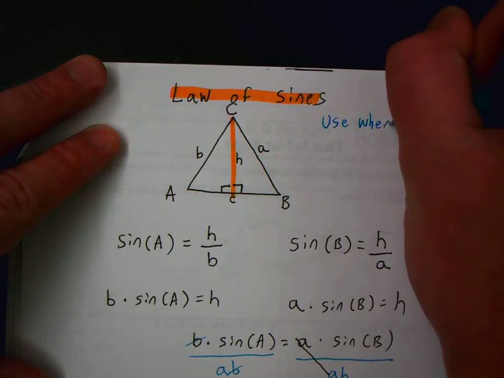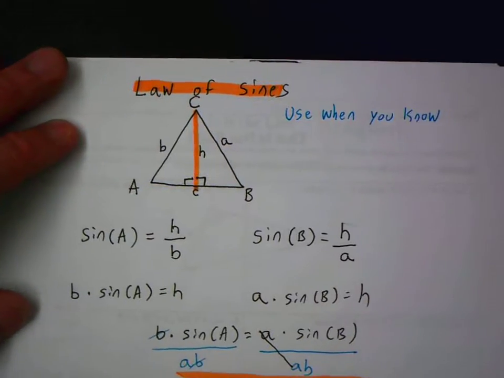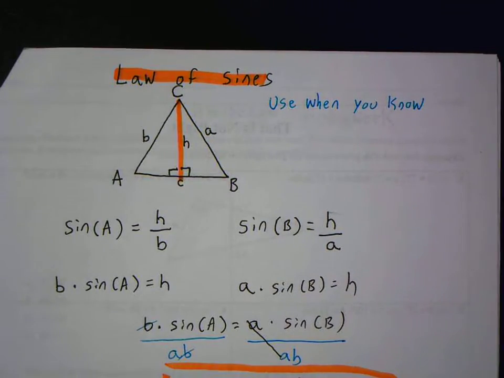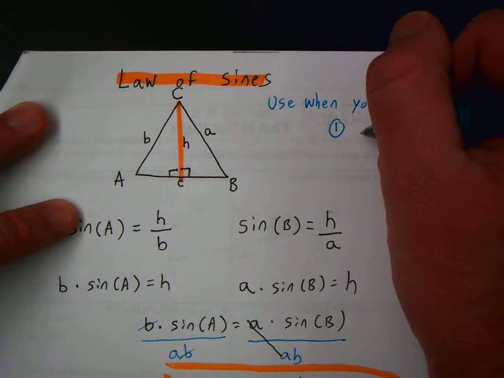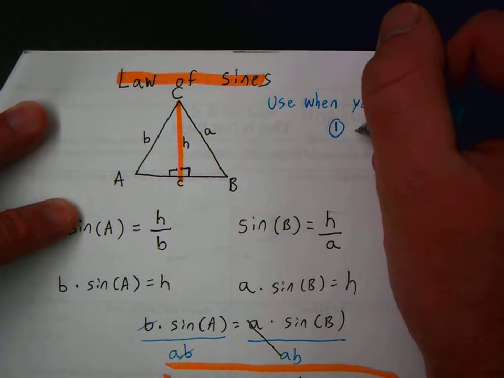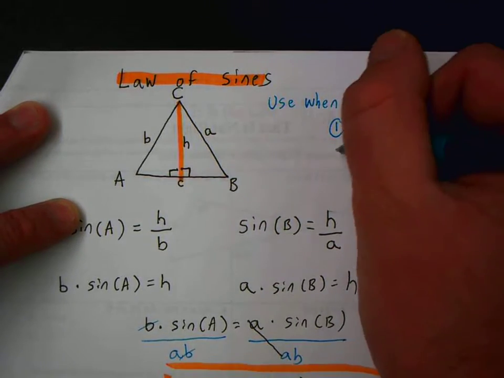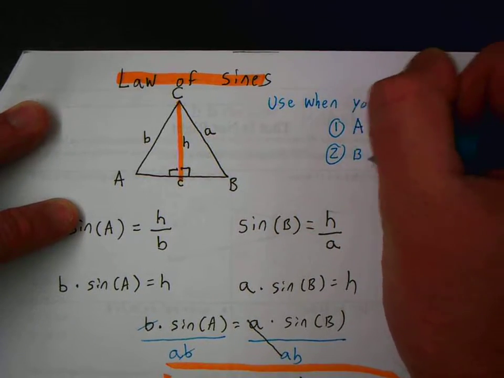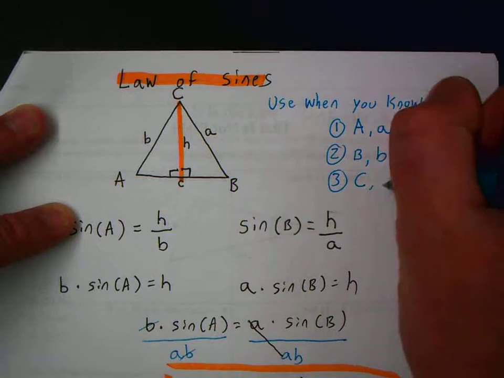We're going to use it when you know A and little a, or B and little b, or big C and little c.